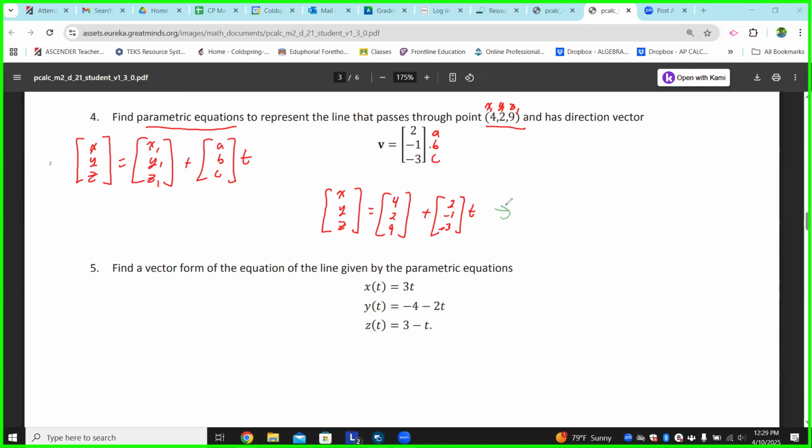Any other issues? All right, from that, just like in 1C or 1D, I'm going to write these out as 3 separate equations to make it look like this guy right here. So this becomes now x equals 4 plus 2t. What would the next equation be then? Perfect. How can I simplify that?